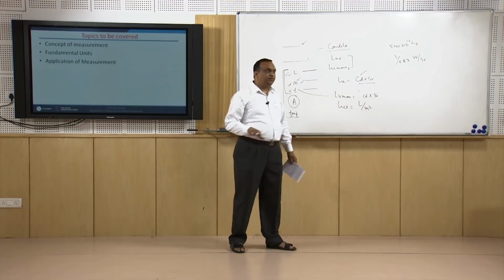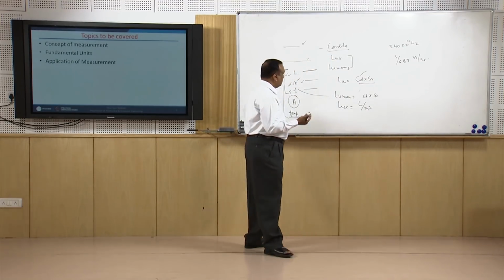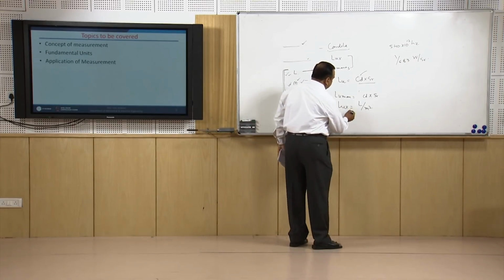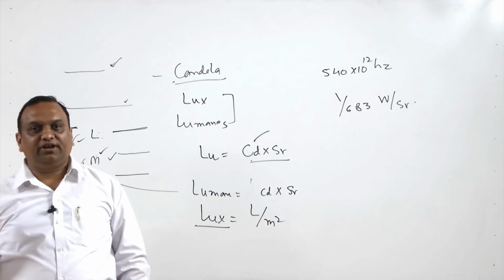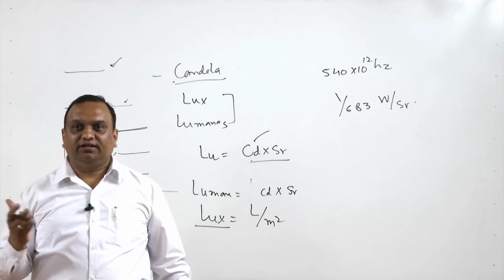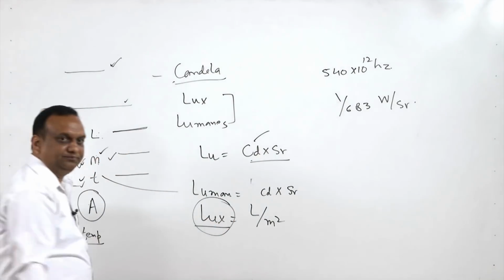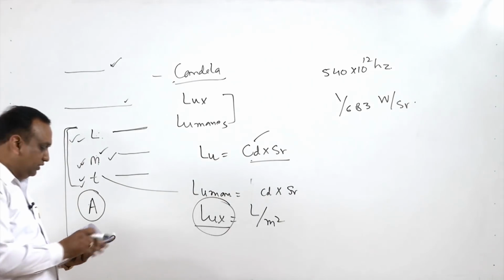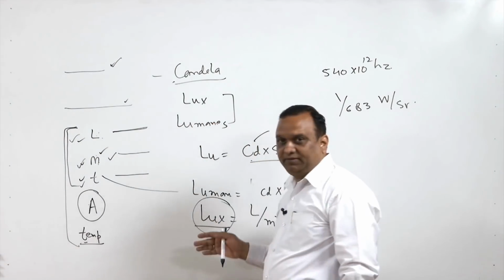So I'll give you an example. For example, in this room, the intensity of the light may be of the order of 700 lux. If you go outside, the intensity of the sunlight is more than 10,000 lux. And the higher the intensity of the light, the brighter will be the surroundings. So this is about the units of measurement.